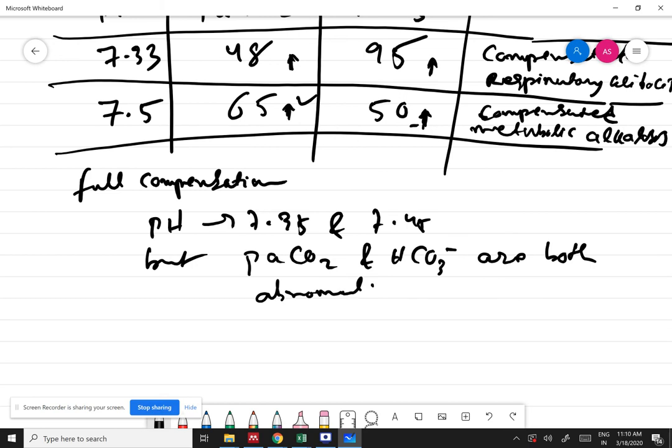In this case, we say that there is an underlying problem in the respiratory and the renal system, but there has been a full compensation. So the pH is not showing any abnormality, but there is an underlying abnormality.